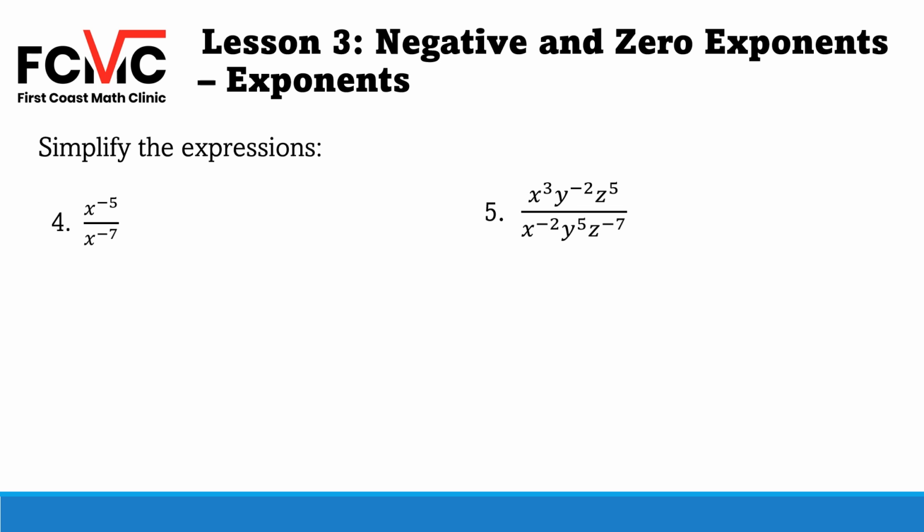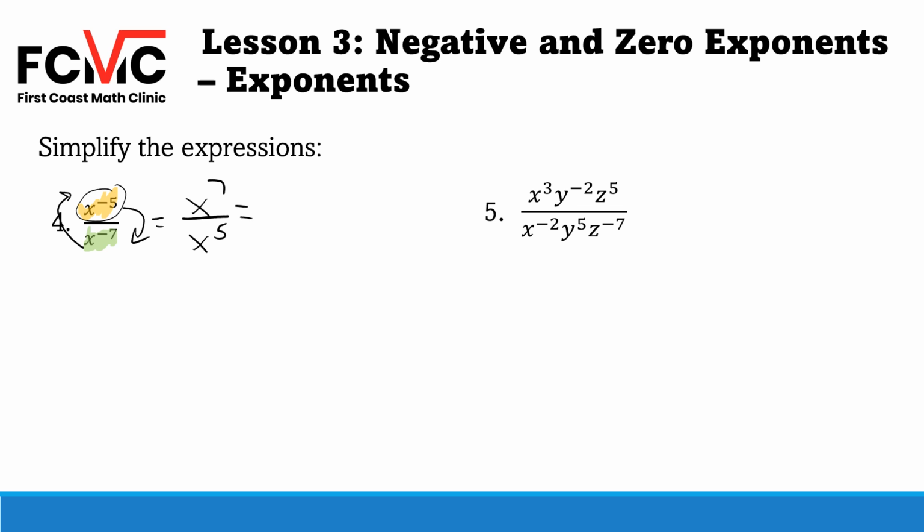Well, both of my bases have negative exponents, so I'm going to have to move this term, x to the negative 5th, to the denominator, and I'm going to have to move this term up to the numerator.